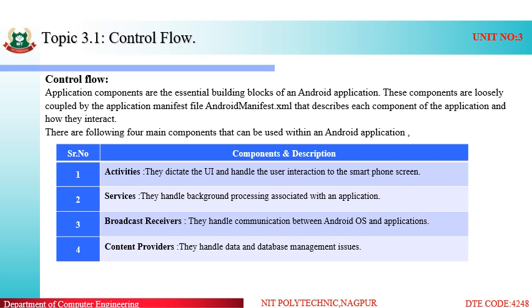That will be handled by services. Broadcast receivers handle all the communication between our Android application and the Android operating system. So it acts as an intermediate between our application and the Android operating system. Content provider will deal with different data management techniques.